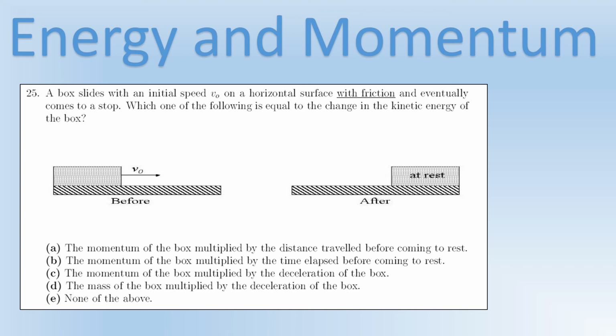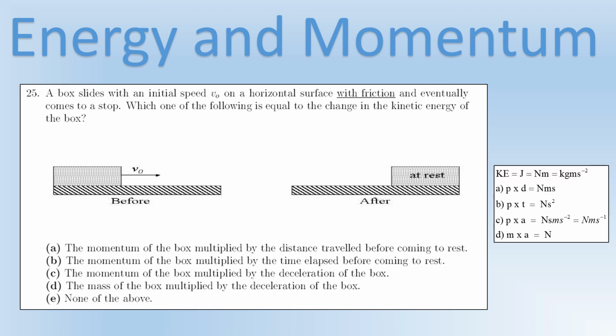Alrighty, so first of all, the unit we're trying to get to is kinetic energy, so joules, which can also be expressed as a Newton meter or a kilogram meters per second squared in base units. So momentum times distance would be, momentum is Newton seconds, distance is meters, so it gives you Newton meter seconds, which is clearly different to Newton meters.